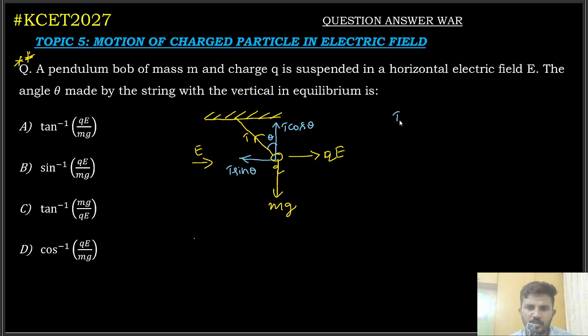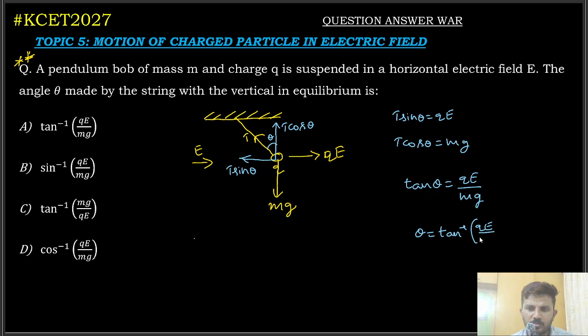So we have T sin theta is equal to QE and T cos theta is equal to mg. Just divide: sin theta by cos theta is tan theta, T by T is 1, equal to QE by mg. Theta is equal to tan inverse QE by mg.